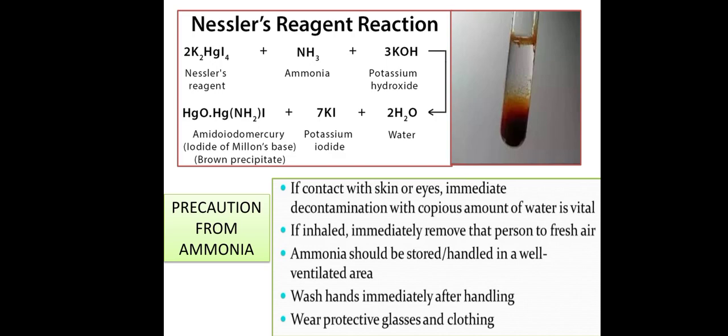So, some precautions should be taken while handling ammonia. The face and eyes should be washed with large quantity of water. The face may be covered with wet thick cloth or towel and one should move to a safe place.